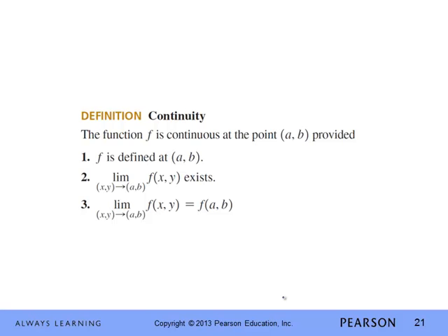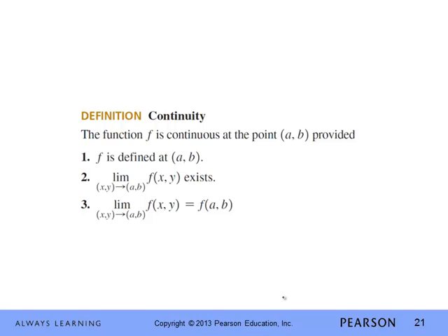All right, so now let's talk about continuity. The idea of continuity is extremely important when discussing functions. What does it mean for a function to be continuous at a point?